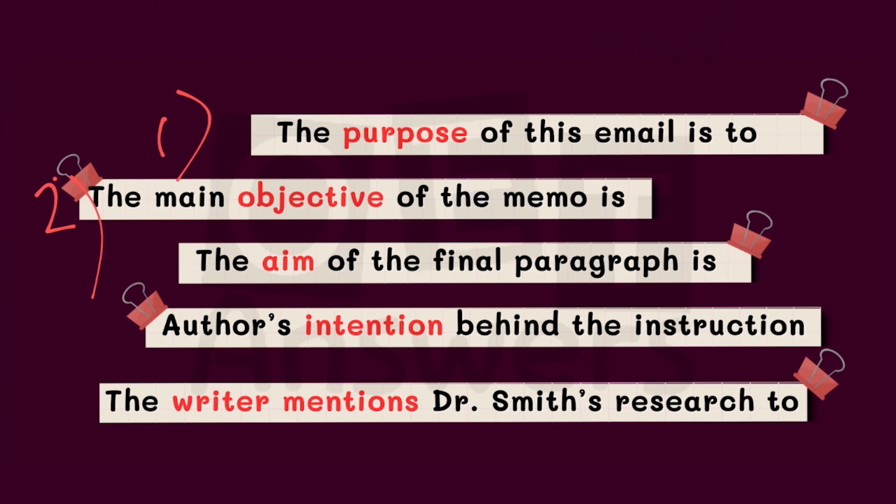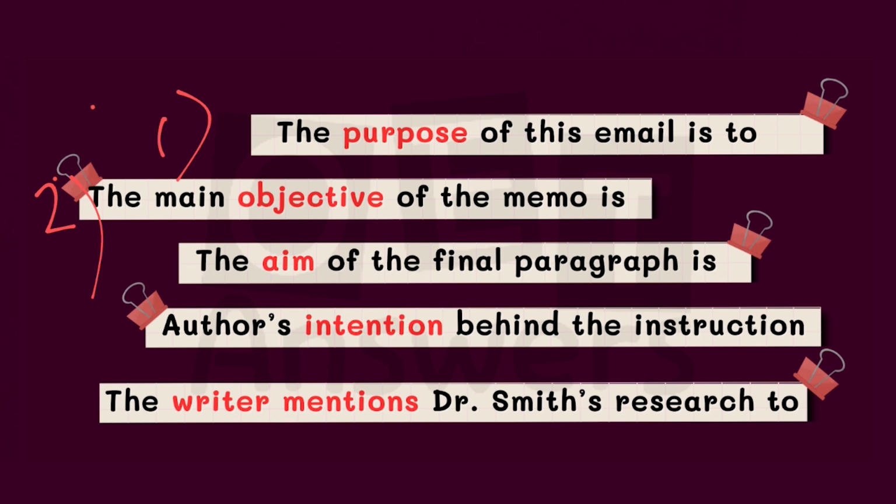For this type of questions, you cannot find answers in a single line or a single paragraph. You should read the entire information and understand the depth of the meaning. Finally, you have to come to the conclusion of what is the intention or the aim of the paragraph. You're understanding, right? So what is the reason for this? That is the exact purpose or that is the exact objective.